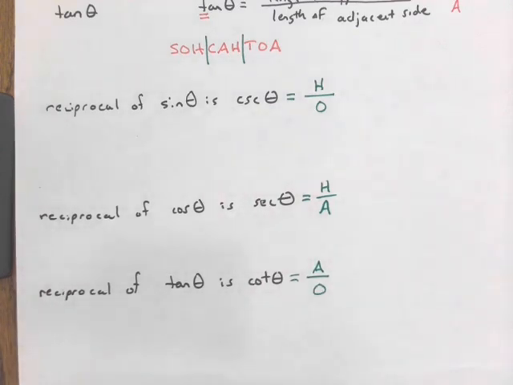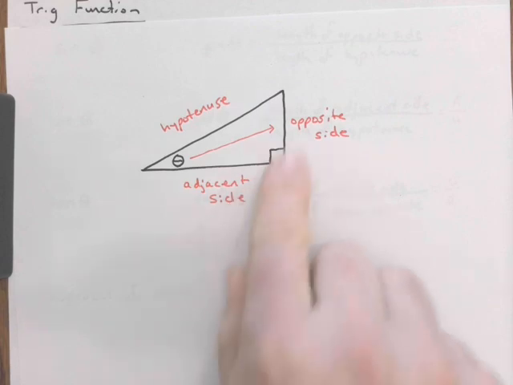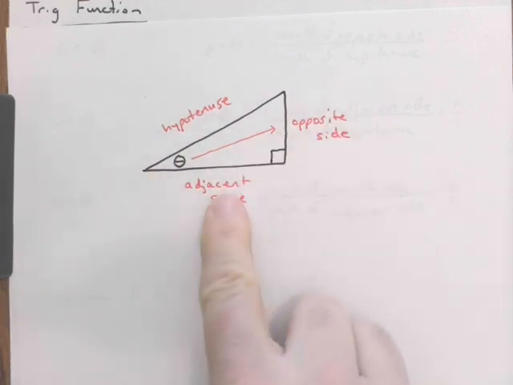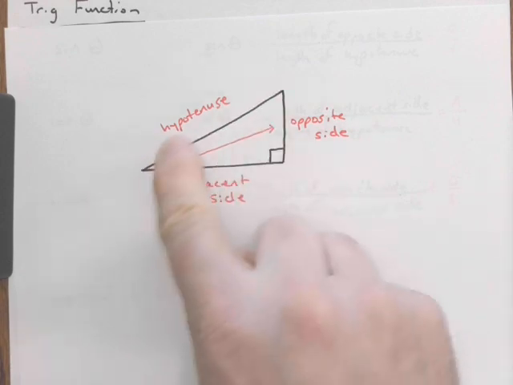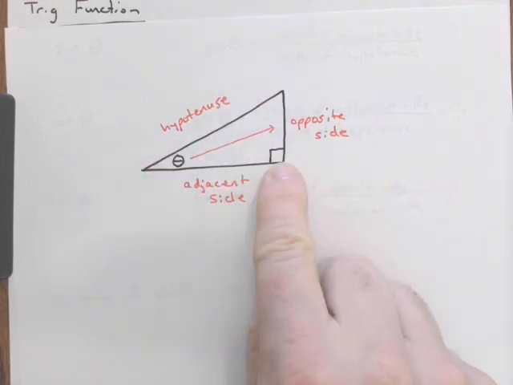So that's a quick introduction of our trigonometric functions. We need to be able to look at our right triangle and determine which of these sides are labeled which. Our hypotenuse is always the longest side, and it does not touch the right angle at all.